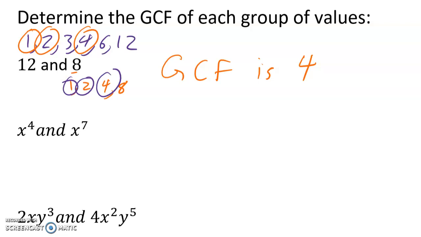Okay, well what about if you're dealing with variables? x to the 4th and x to the 7th, what's the greatest common factor of those? Well, in this case, I would look at the smallest exponents.